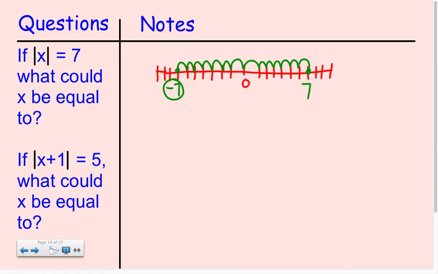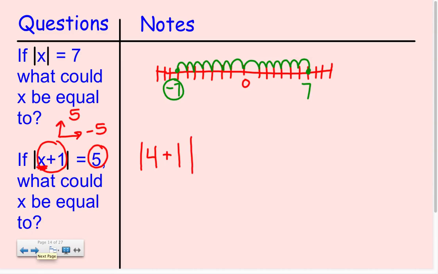All right, if the absolute value of x plus 1 equals 5, what could x be equal to? Well, we've got to think about the fact that we want this to either total 5 or negative 5, because if we take the absolute value of either of those, we would get positive 5. So if I'm trying to figure out what just x is, we have to think about what number plus 1 would give me 5. Well, I know that 4 would give me 5, because 4 plus 1 equals 5.